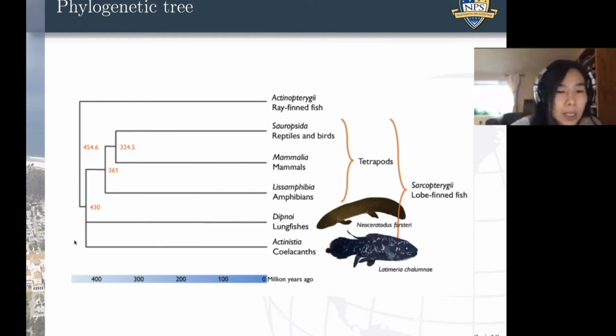Here you notice lungfish and coelacanth and also the common ancestor of the tetrapods. This picture is intentionally like this: it's not clear which one is more closely related to the common ancestor of the tetrapods, because we just don't know.